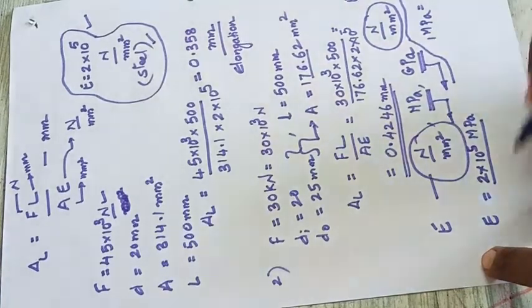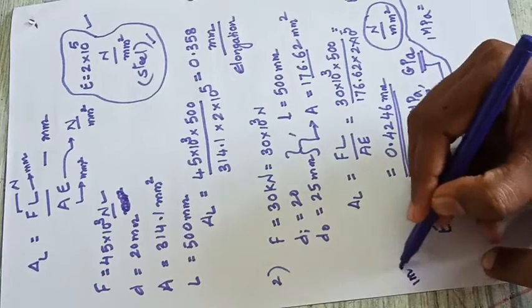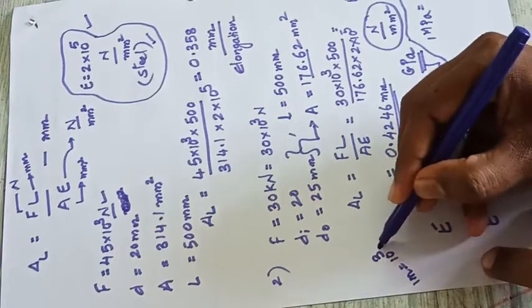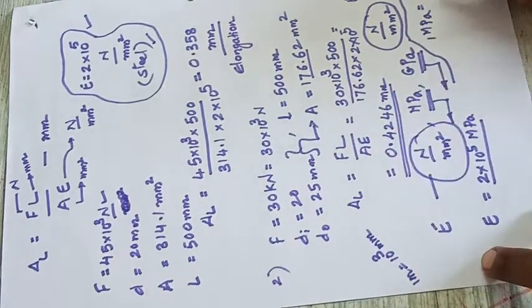So I will substitute 1 meter is equal to 10 raised to 3 mm. Then 10 raised to 6 Newton divided by 10 raised to 3 mm whole square. So that becomes 10 raised to 6 Newton divided by 10 raised to 6 mm square. The 10 raised to 6 get cancelled.